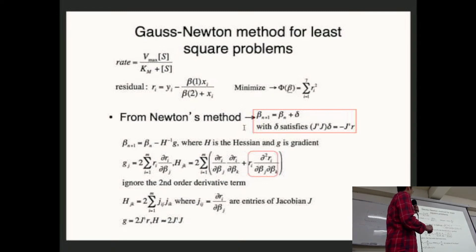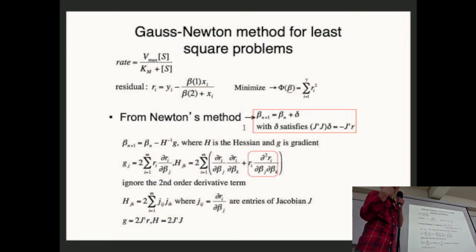In fact, the Hessian becomes J_ij and J_ik. So we can approximate the Hessian using two Jacobians. These are the entries of the Jacobian J. So we can then rewrite that equation as: G is this, H is this. That's how we end up with this equation.